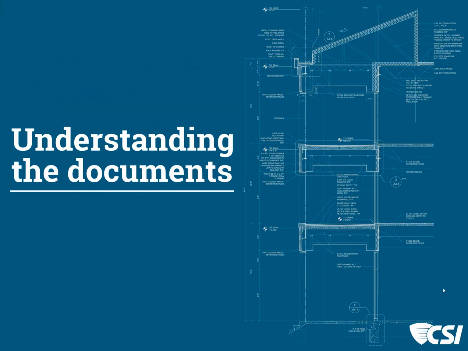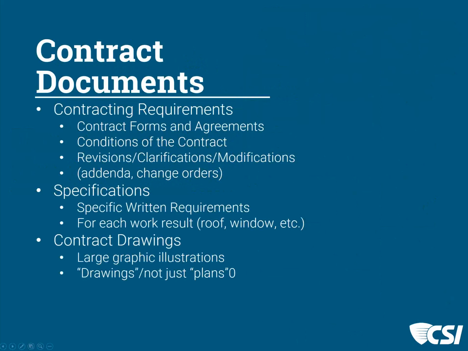So as we talk about our contract documents, what do we mean by that? And in beginning that discussion, what are our contracting requirements? Well, we have, of course, the contract forms, the agreements that the designers have executed with the owner, our client, and also the agreements that have been executed between the client and the contractor.